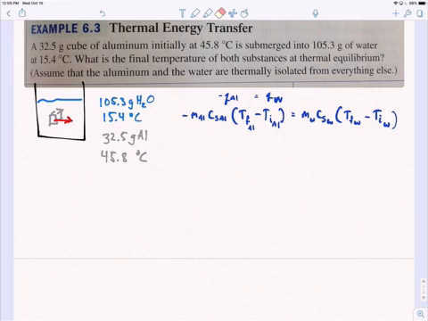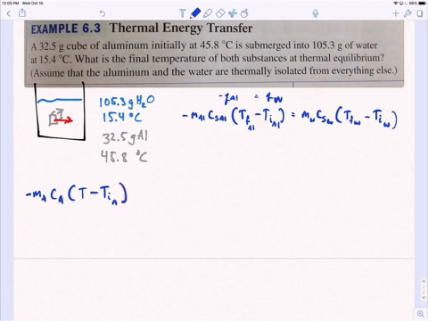Either way, we need to get the T finals all on the same side. So let me FOIL this. Minus mass of aluminum, specific heat capacity of aluminum, T final minus T initial aluminum.